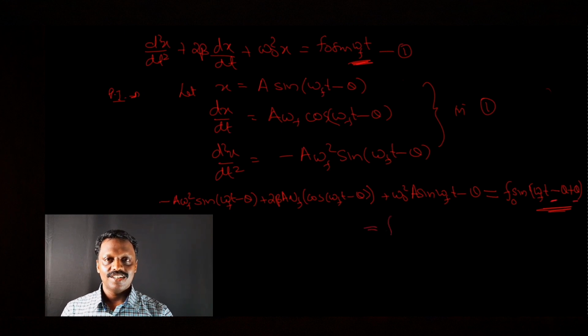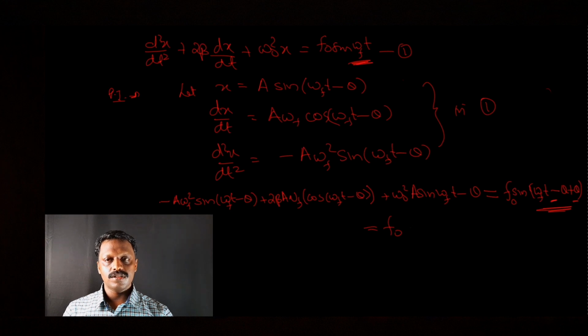But we can do an adjustment here because the term on the LHS contains both sin(ω_f t − θ) and cos(ω_f t − θ). So we have F_0 sin(ω_f t − θ + θ). So the value will be the same. We don't have any difference from equation 1.